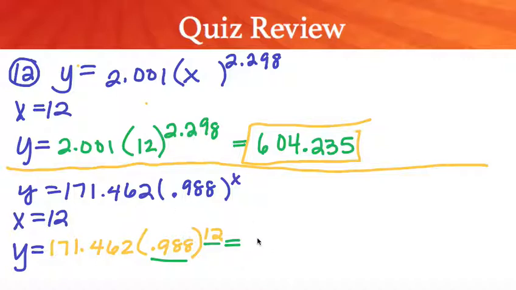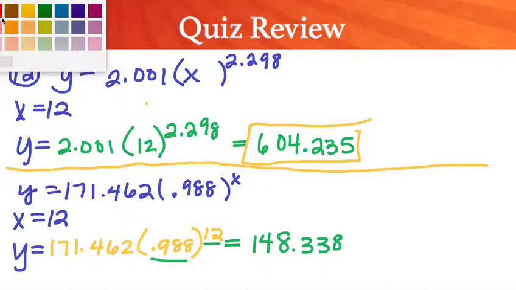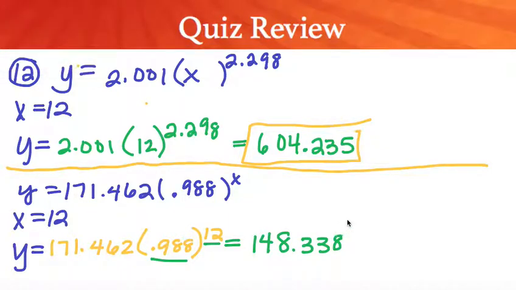Okay? And then I will get 148.338. I'm rounding to 3 decimal places, okay? And that's my answer. This is very important because people do forget to do the exponent first and then multiply. Do the exponent first and then multiply that answer times the first number that's being multiplied.